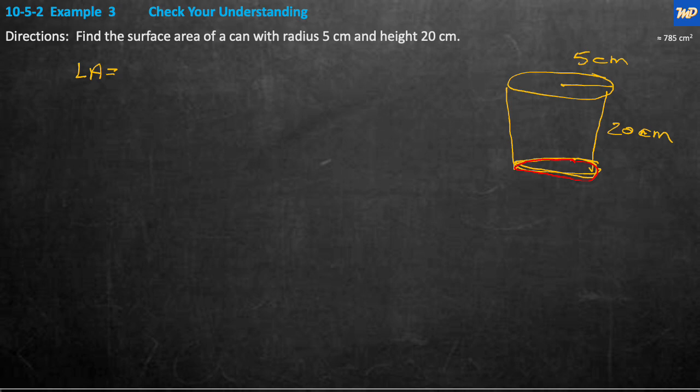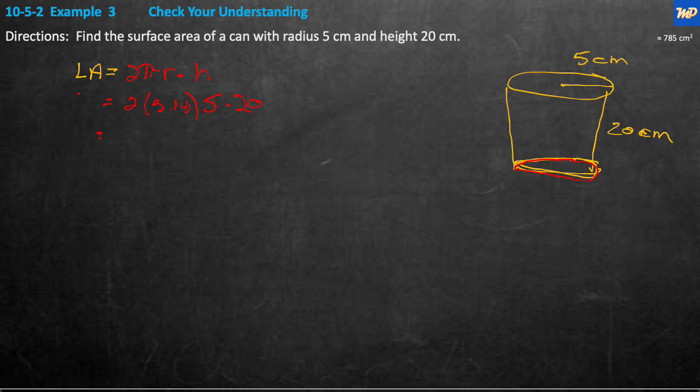Well, r, right here, is 5. So it's 2 pi r times the height. And the height is 20. So the LA is equal to 2 times 3.14 times 5 times 20.